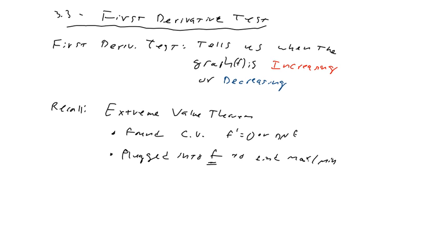So that was the extreme value theorem, what we did before. We found our critical values where the derivative was 0 or dne, and then we plugged those critical values into our main function to find those maxes and mins. That's what we did with that extreme value theorem.